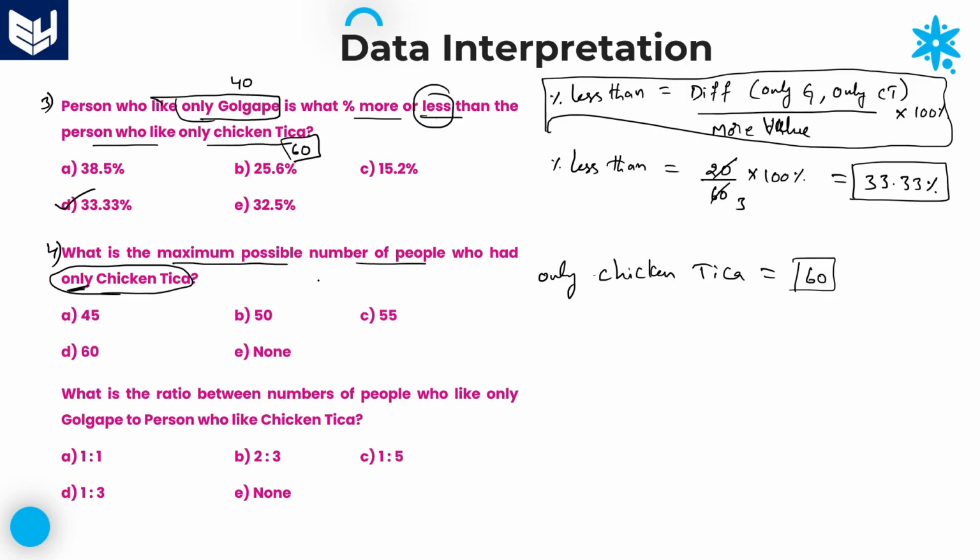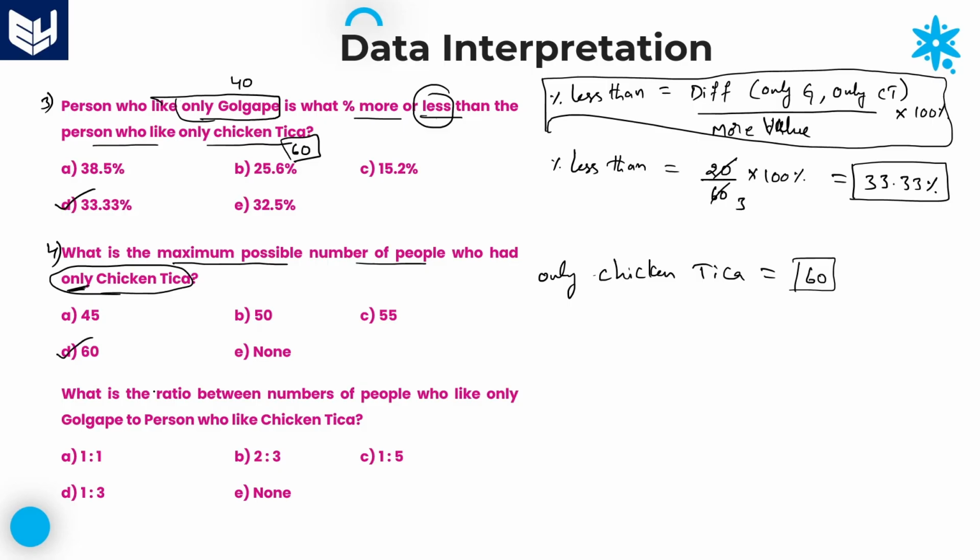If he were asking about chicken tikka, then your answer would be 120. Here he is asking us to calculate only chicken tikka, so it should not contain the golgape value. So the required answer for this question is 60. Among the options, option D is the right answer for this question.